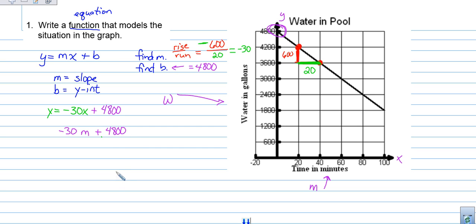And then that equals, instead of writing y, you would use W, but remember it's in function notation, so it's W using minutes. And this would be an example of the equation. Now you could have used G, you could have used anything that would have been relevant for these two things.